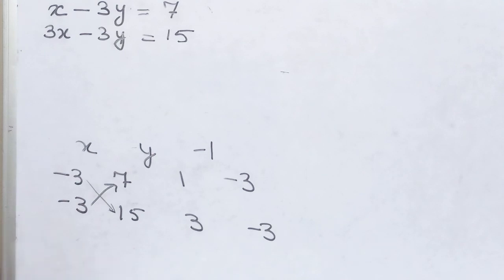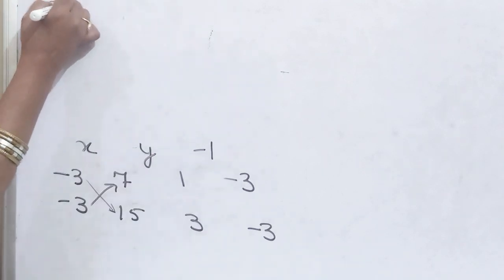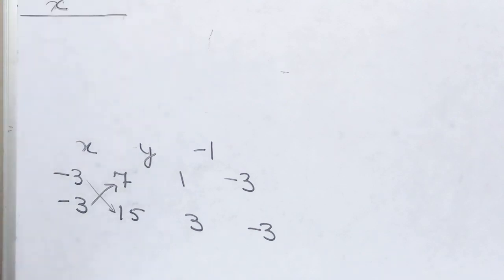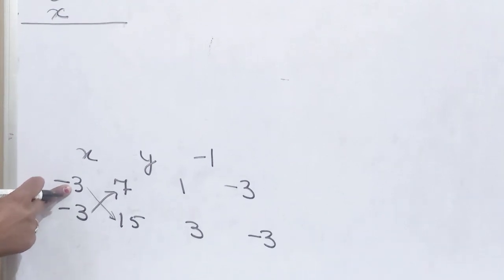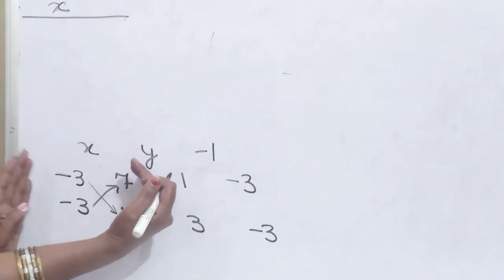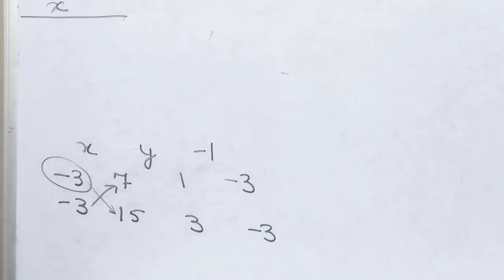And how do I write this? I write x upon, the first one you take from the upper side. From the first line, the first number from the first column is minus 3.